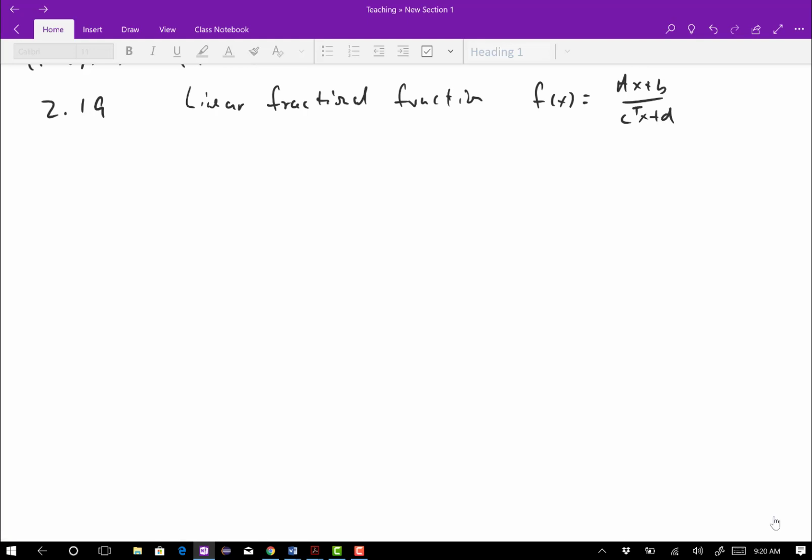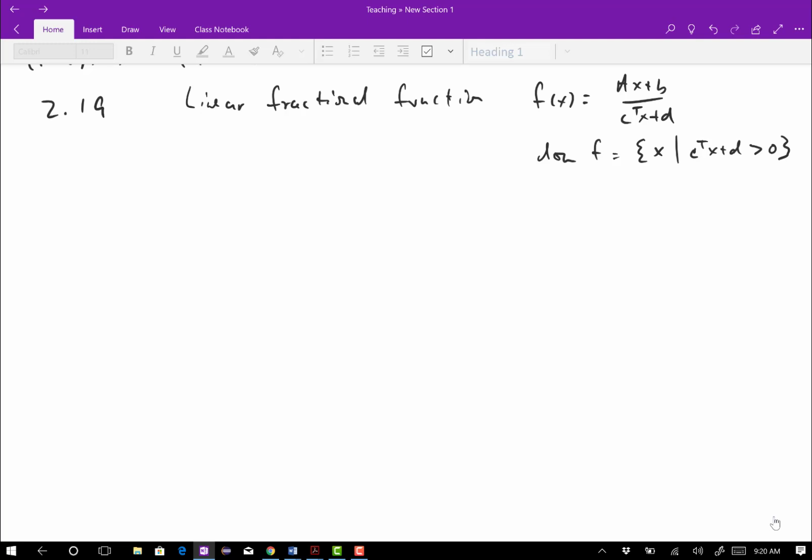And there's a domain constraint here. The domain of this function is such that we won't get a 0 or a negative in the denominator here. So it's x is such that c transpose x plus d is greater than 0. Okay, so that's a linear fractional function.